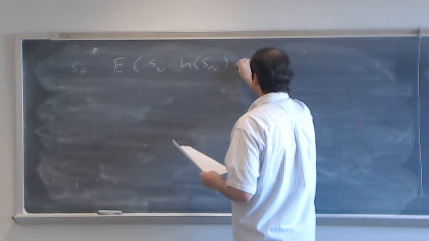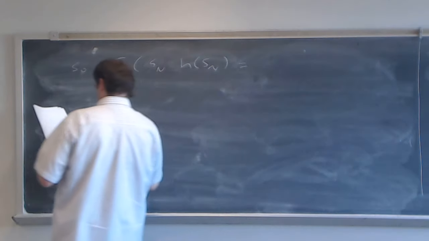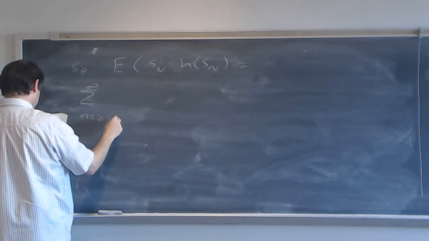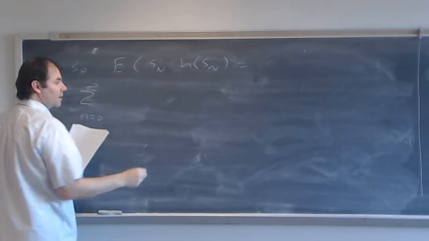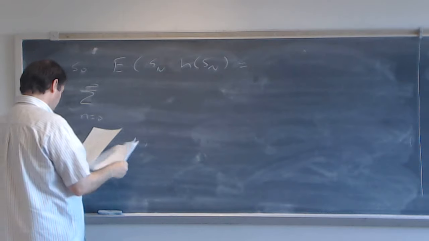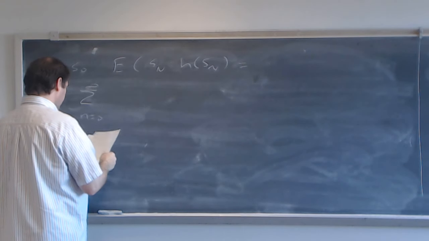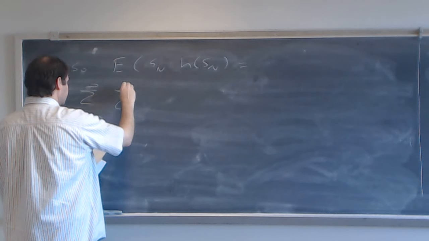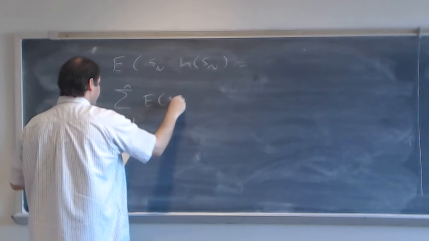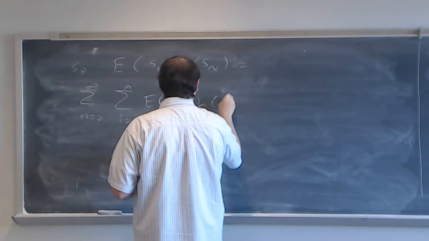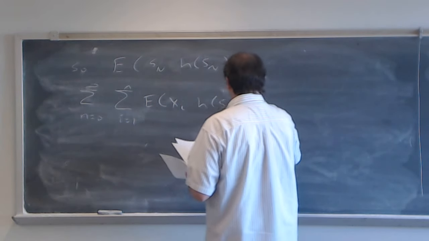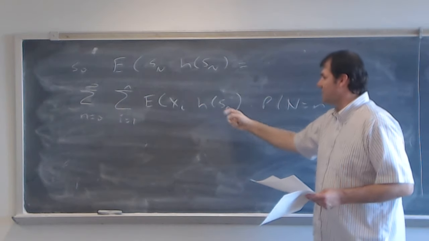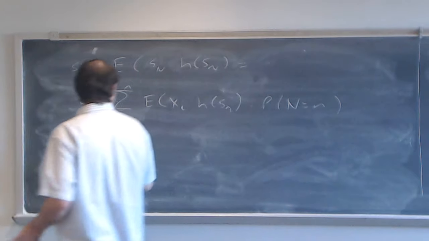And we said, well, that's the same thing as, we got to, the sum as n runs from 0 to infinity of the sum as i runs from 1 to n of the expected value of x i, h of S n, times the probability that N is equal to n. That's where we were. Except we said that these were all the same, so I'll make that replacement.